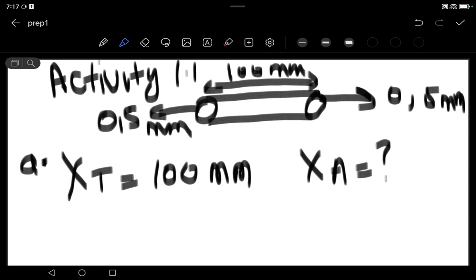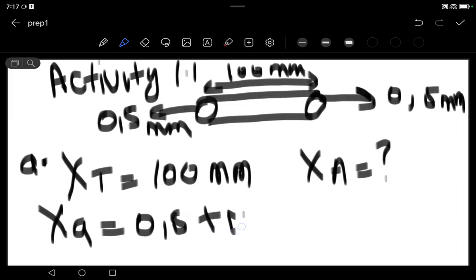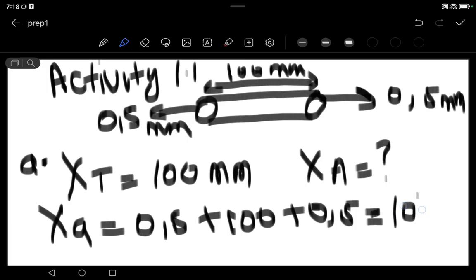We add everything: 0.5 plus 100 plus 0.5. Remember, XA is measured, assumed, guessed. So our XA is 0.5 plus 100 plus 0.5, which is 101 mm. For question 1, number A, we only want this answer, 101.